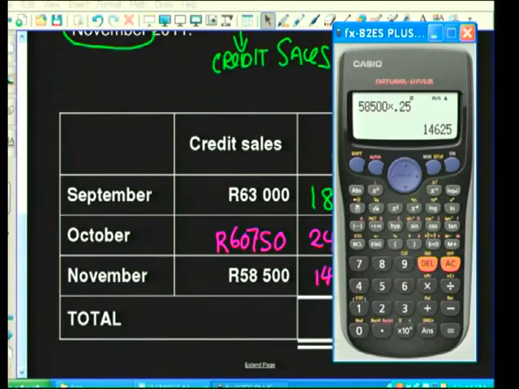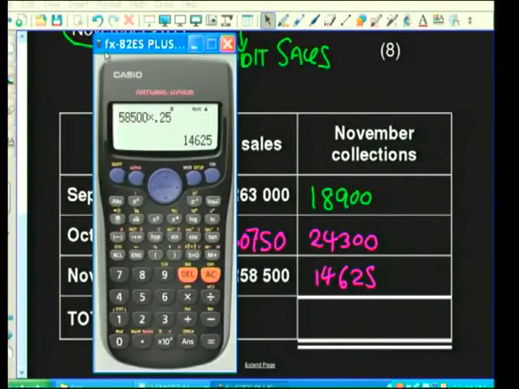So let's total. Okay, I've already got 14,625, so I'm now adding 24,300 and then plus 18,900 to give me 57,825.